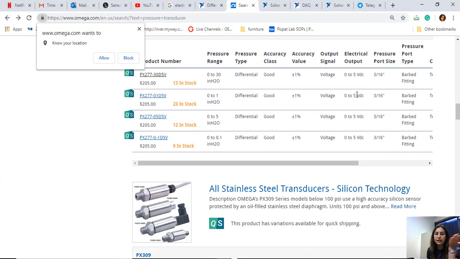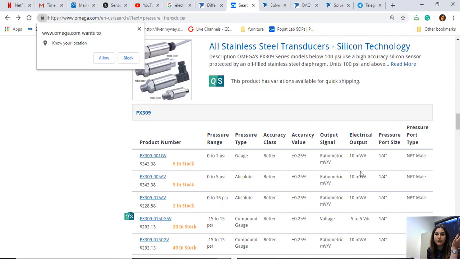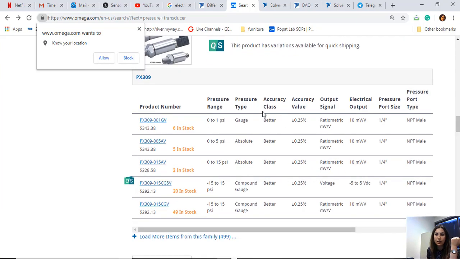So yeah, it can either be a voltage or it can be a current. So for example, this is the voltage one, and it's in the millivolt. This is in the volts DC, and the range.